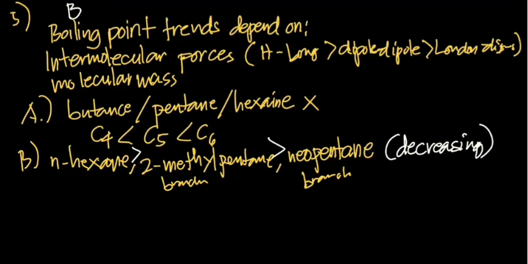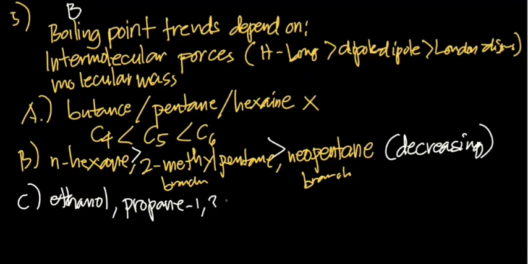Option C, we have CH3CH2OH. That one is an alcohol. All of them are alcohols. The first one is ethanol, and then propanol. Then we have two alcohol groups on propane, which is a diol.